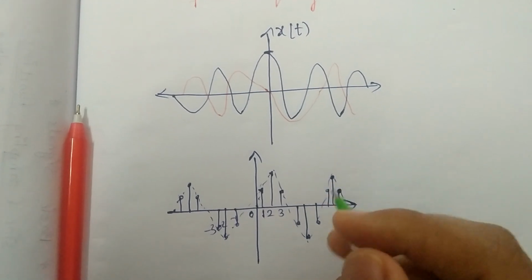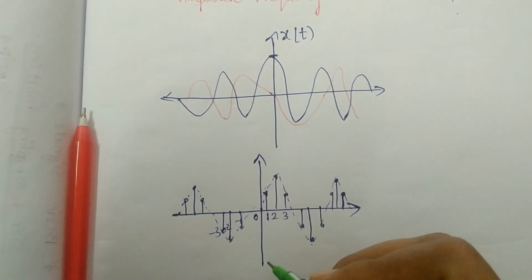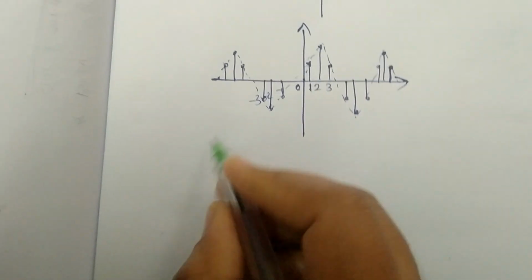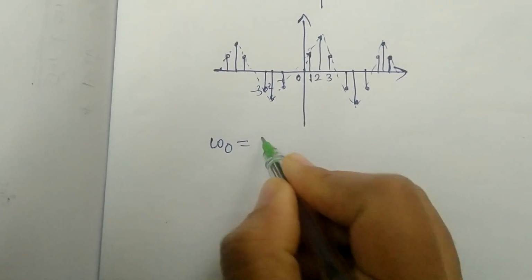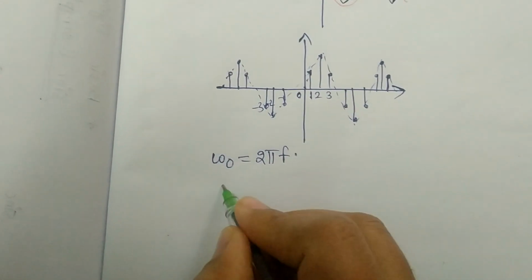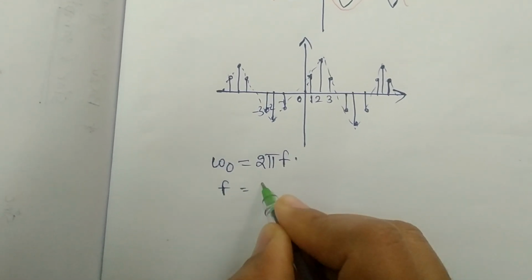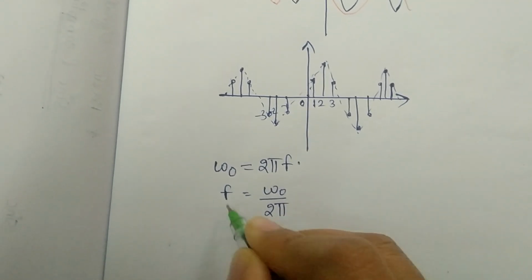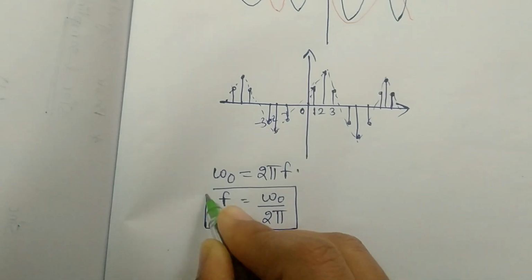So we need to know about the relationship between fundamental frequency and time period now. Omega naught is equal to 2 pi f. Then frequency means omega naught by 2 pi, right? This is frequency.